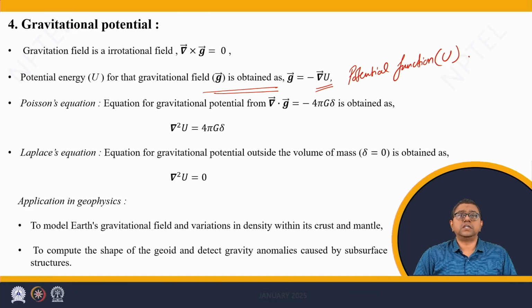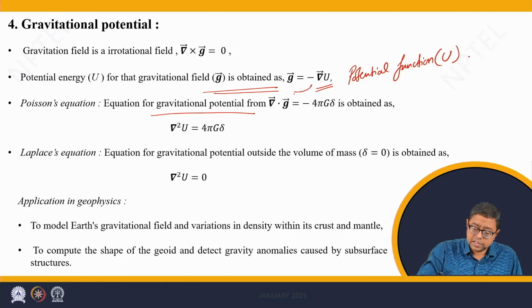This gives us the Poisson's equation formulation for the gravitational potential. Since divergence of G equals minus 4 pi g delta, we can substitute minus of gradient of U in place of G to obtain Laplacian of U equals 4 pi g delta.